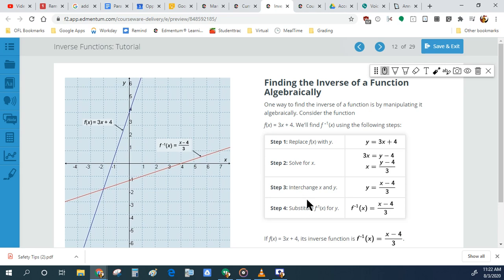And actually, I like this method better. Usually what I do is I change my X and Y and I solve for my new Y, but I kind of like what they're doing. So we're going to solve for X, meaning we want to isolate X, get the X by itself. So we're going to subtract 4, then divide by 3, and then we're going to change our x to become our y.